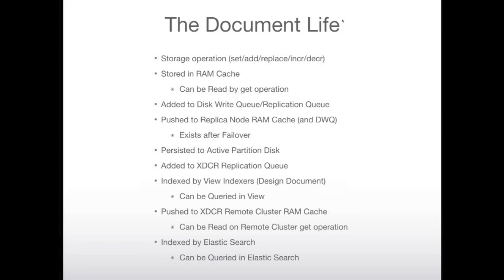So basically this is outlining the life cycle of a document when you do a storage operation and have everything configured. RAM cache first, then push to replica node, makes it to disk, then it's put into replication, it gets indexed for views, it goes to a remote cluster, and if that remote cluster is Elasticsearch, it indexes it and it can be queried.